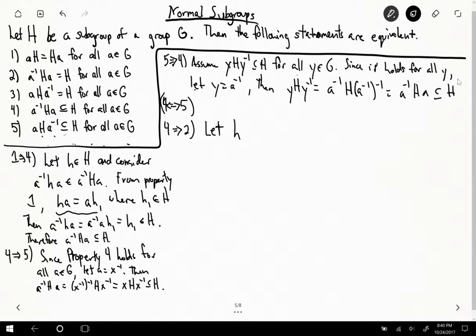We're going to start with H being an element of H, and we want to show that it's in A inverse H A. Then E inverse H E, where E is the identity, since the identity commutes with any element, equals H, and we know that this has to be an element of our A inverse H A.